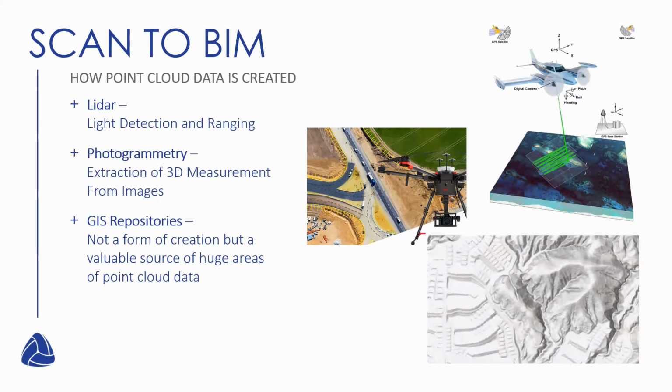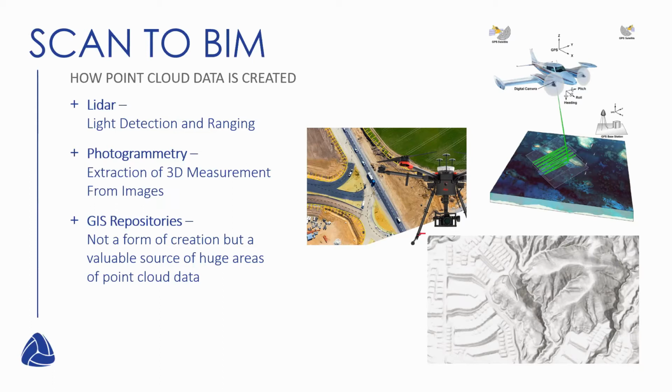So using 2D images to create 3D models. Then you also get GIS repositories. Although it's not a form of point cloud creation, but rather a source from which you can extract it. This is, for example, ArcGIS, where you can select an area, and you can then extract point cloud data or LiDAR data from that software to use in your design software.